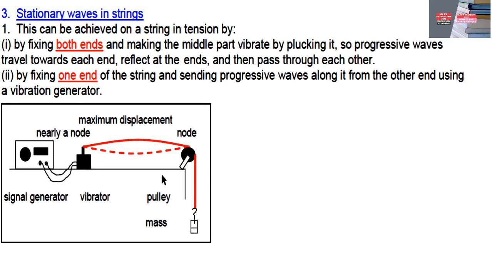So this is going to vibrate, and then we're going to have superposition there, forming a stationary wave. Okay, so I have something that I can demonstrate again on there. Let's see. It should be that.